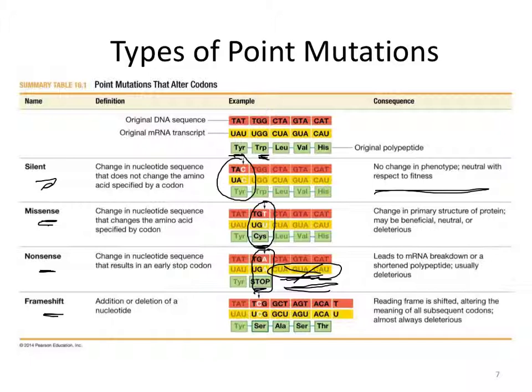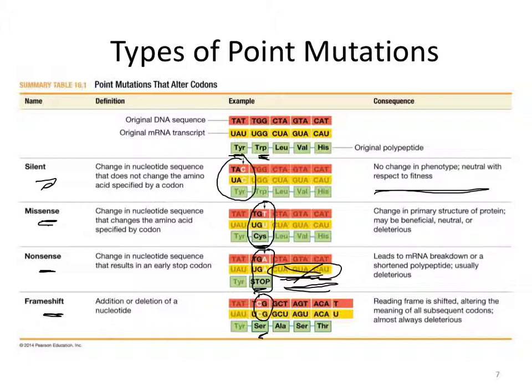A frameshift mutation occurs when we add or delete one or perhaps two nucleotides. That's what's happened here. Cytosine has been inserted. As a result, that codon is now encoding serine instead of tryptophan, and everything downstream of that mutation has been bumped.